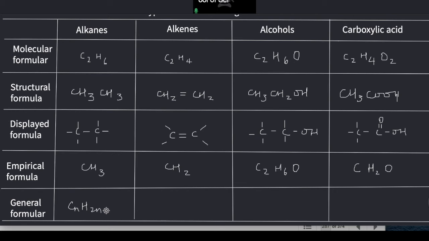Okay, the general formula for alkane is CnH2n+2. That one will be CnH2n. This one here will be CnH2n+1, and then you have the functional group OH. See, just here, CnH2n+1OH.